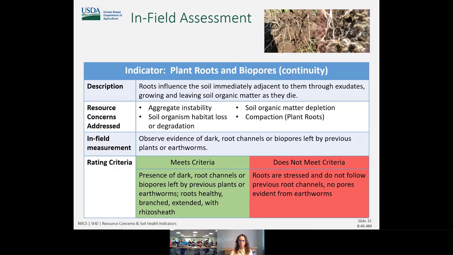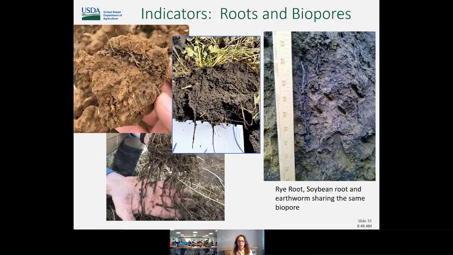So we have a couple of images here to help illustrate exactly the diversity of what you might find when you're assessing roots and biopores. The upper left image is a really good image where there is a channel at that upper half of the soil clod there where you can tell that there was something carved out of that soil structure.